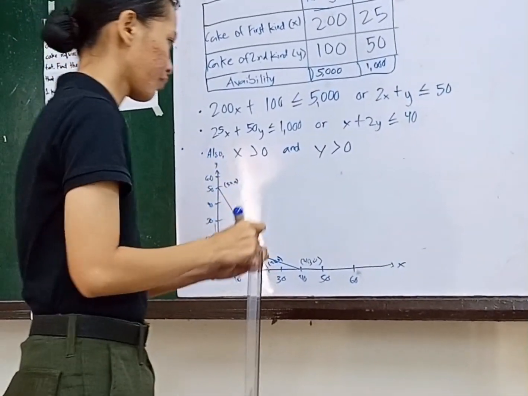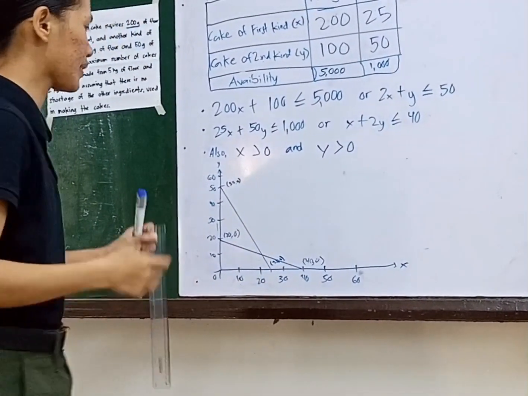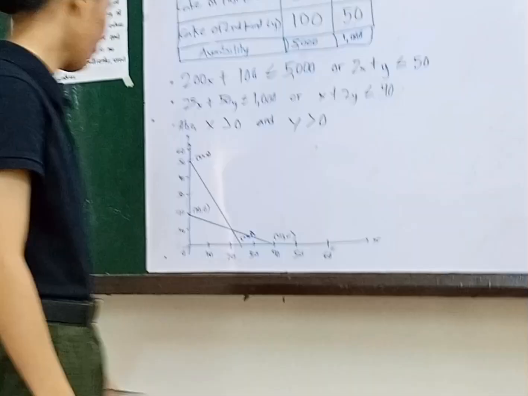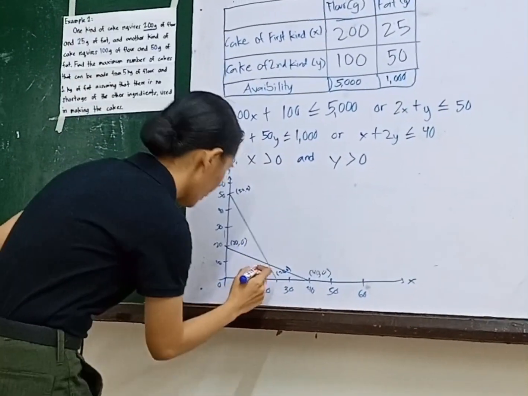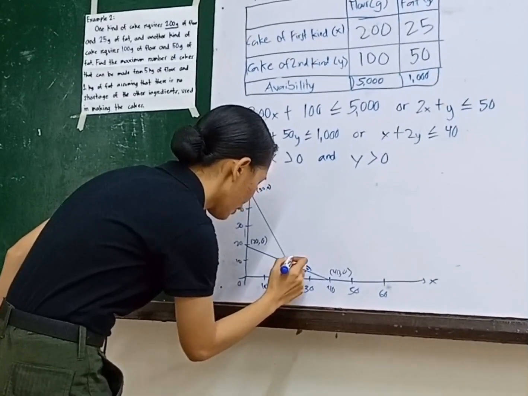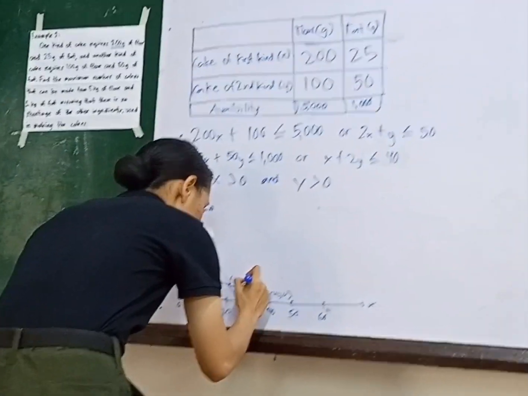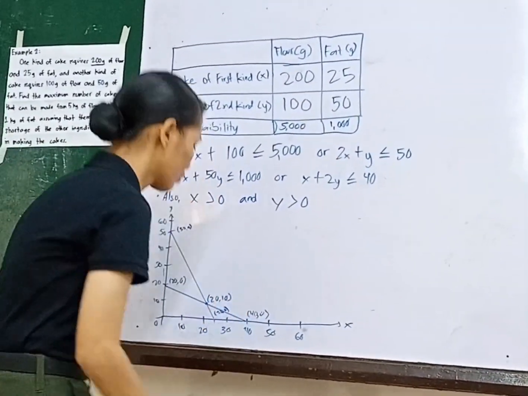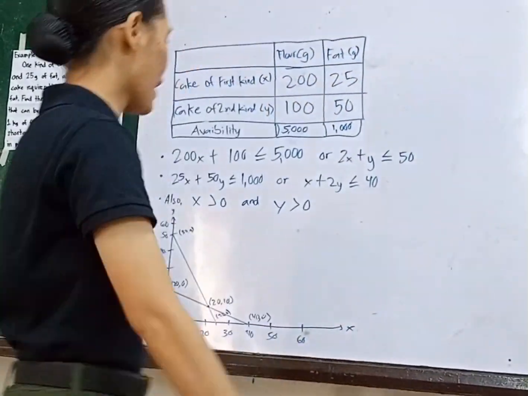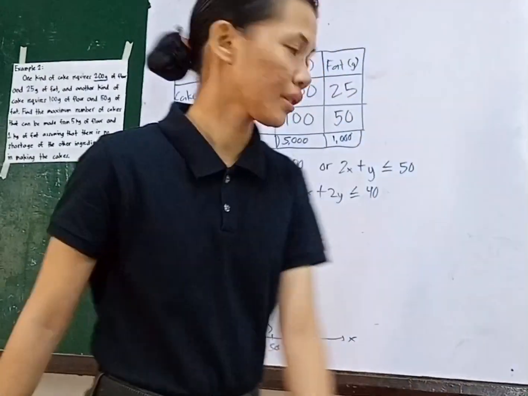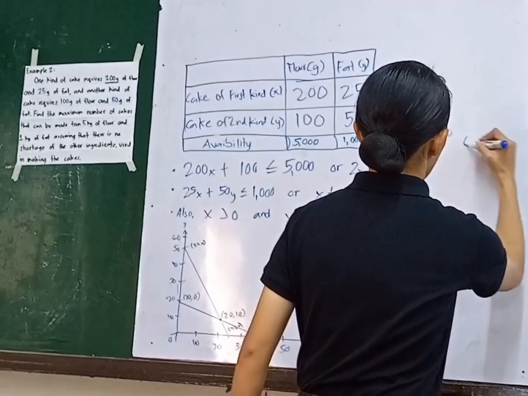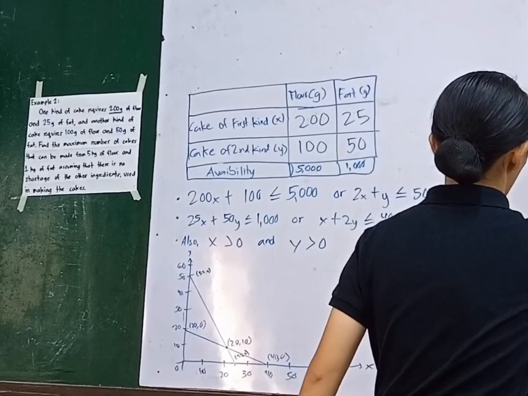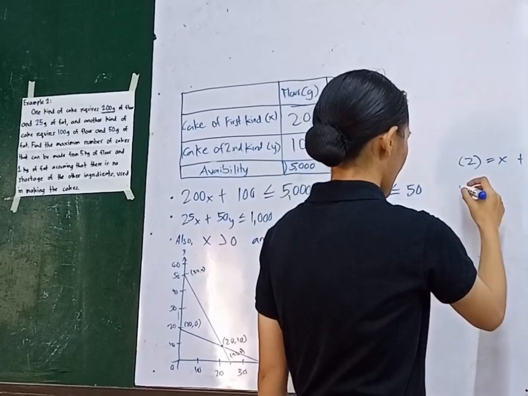Then next, to find the maximum number of cakes, we let z equal x plus y.